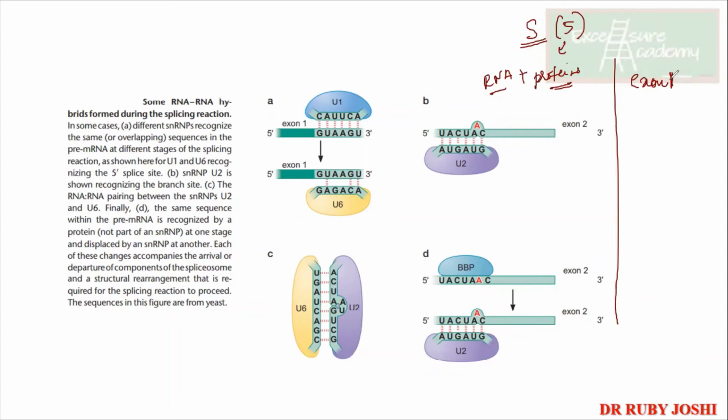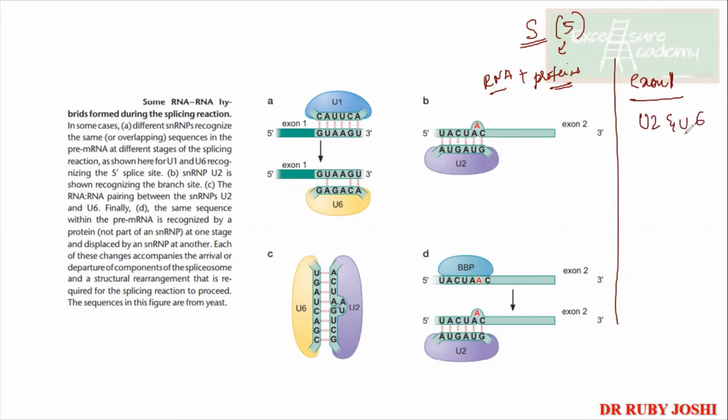Of course they will have the sequence, but the evolution is in such a way that all these important genes will be carrying this stretch of information so that the spliceosomes can bind to that and bring those exons together. So exon 1 will be interacting with your U2 and your U6.